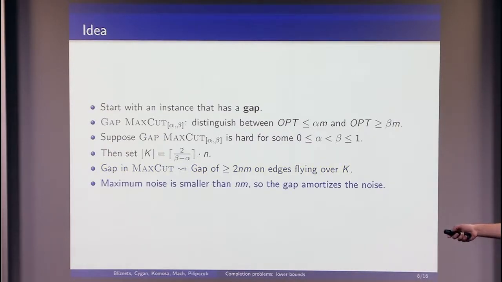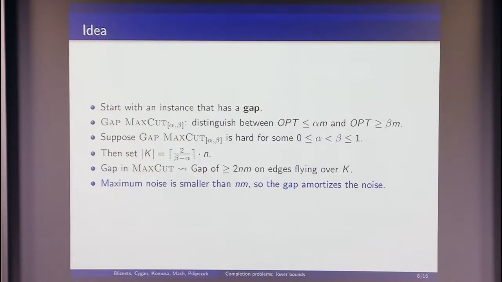However, the total noise, the maximum noise on the left and on the right, is of size at most n times m, because every edge can be stretched to length at most m. Which means that this gap amortizes the noise.